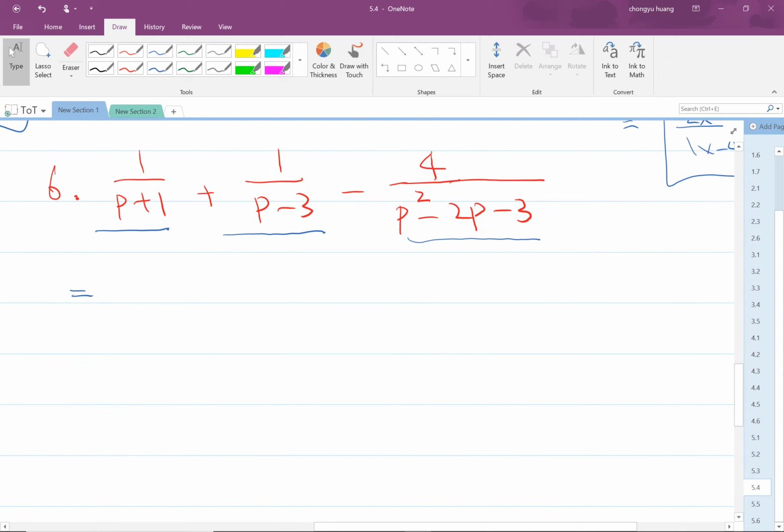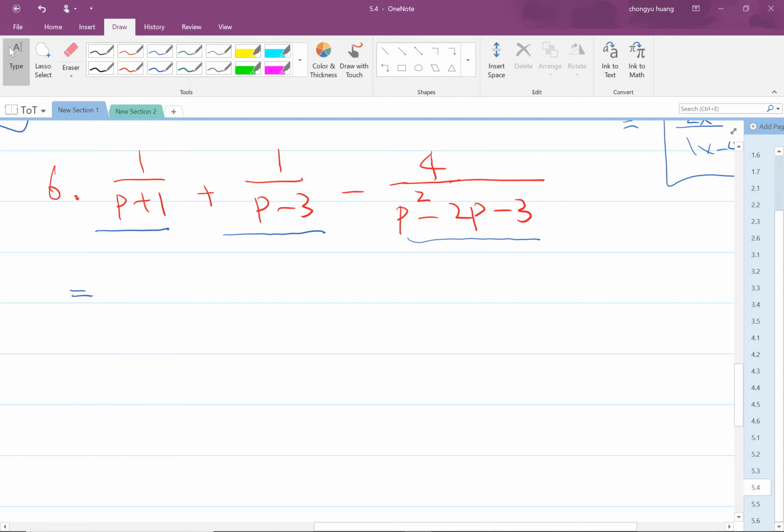So here you need to find the least common factor among those 3 terms.